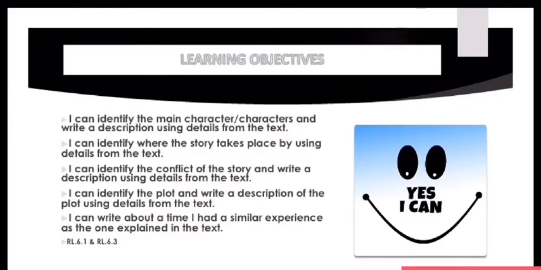I can identify the plot and write a description of the plot using details from the text. I can write about a time I had a similar experience as one explained in the text. As you might have noticed, everything you will do this week, you'll use details from the text.